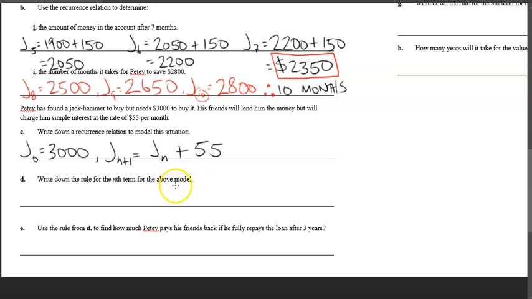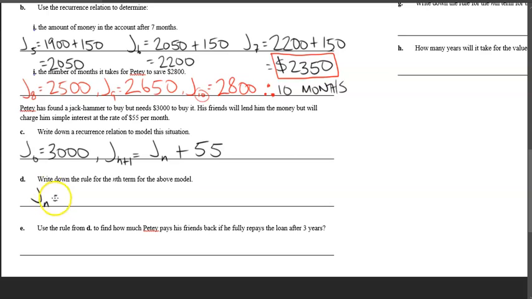But now we're going to write an nth rule, a rule to get the nth term for the above model. So if we want to find how much is needed at any time, we write the following.